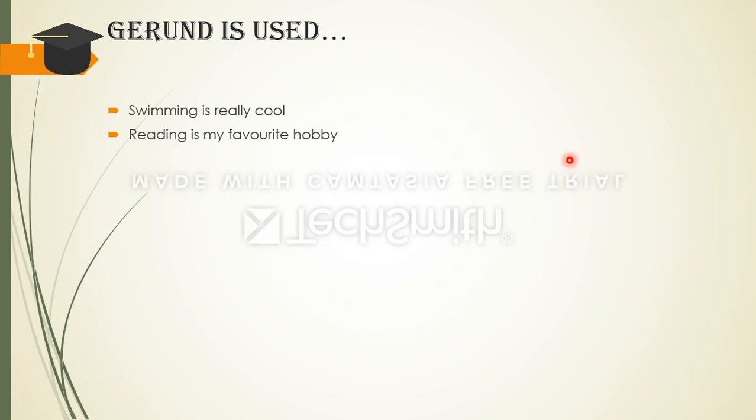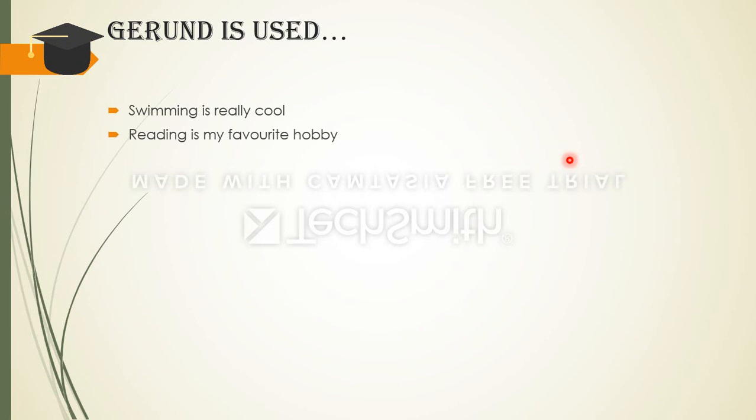So here we have moved from a verb to something else. When I speak about swimming, I'm speaking about swimming in general, so I have shifted to a noun. Swimming and reading are no longer used as verbs, but as nouns.